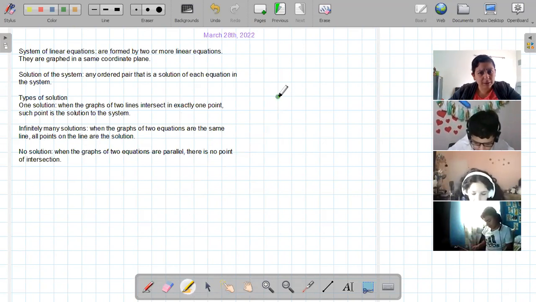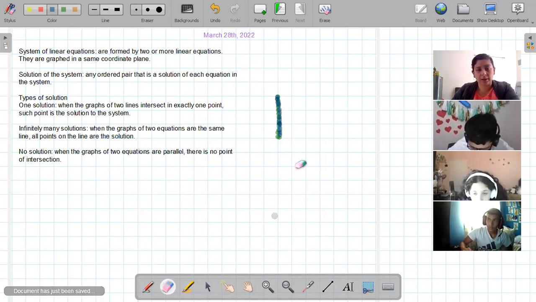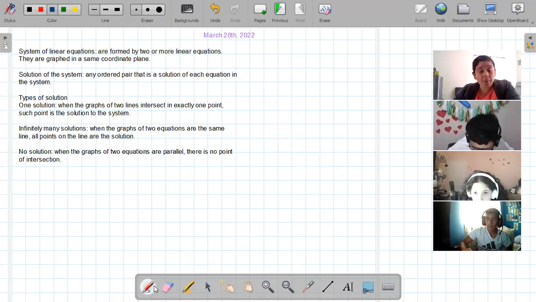Remember, a line is made out of a lot of points connected one next to the other. All of those points, if you have the same line, will be exactly the same points for the second line. It will be exactly the same line. So that's why it's called infinitely many solutions, because any point of that line, any ordered pair of that line, will make true the second line, okay?